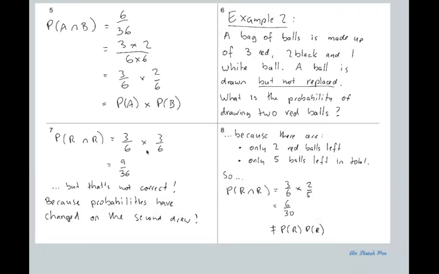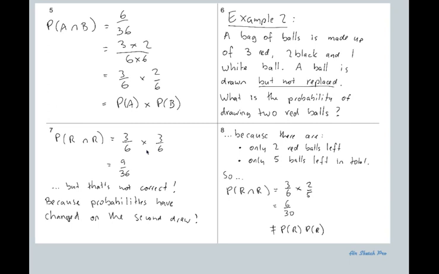In the first example, when I was rolling 2 dice, rolling 1 die did not affect what happened with the second die. Okay, so for example, let's just say I had the 2 dice in my hands and I rolled them. Well, I rolled 1 and it's a 5.